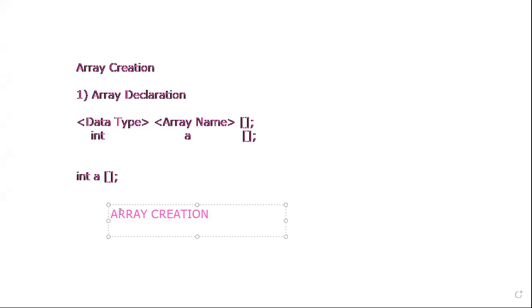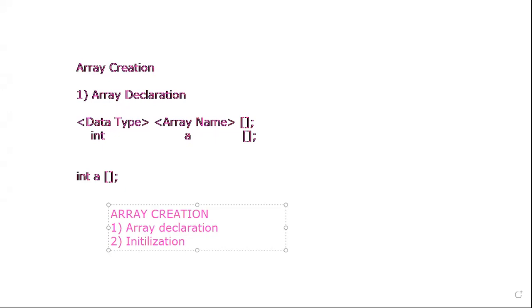So in the array creation process, the first part is what? Array declaration. And the second part is initialization. Yes, very good.